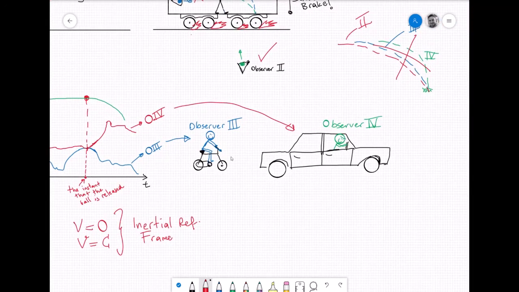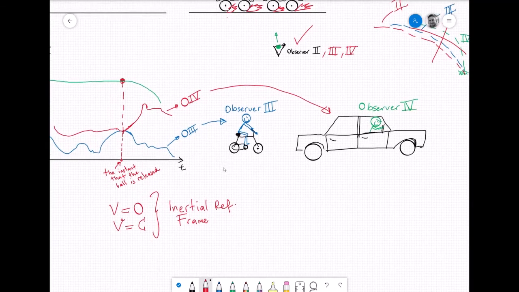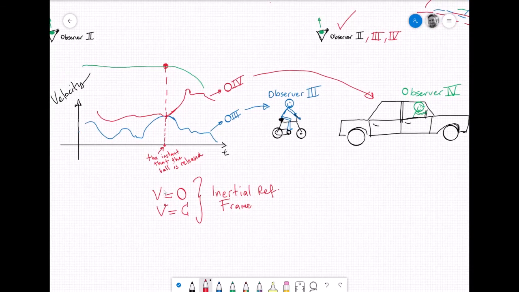So if we put those three observers on the same platform as observer 2, if we take them here, they will draw the same trajectory. Right? So this is the definition of inertial reference frames, and here you saw why we need them.